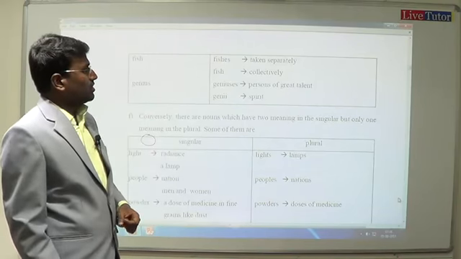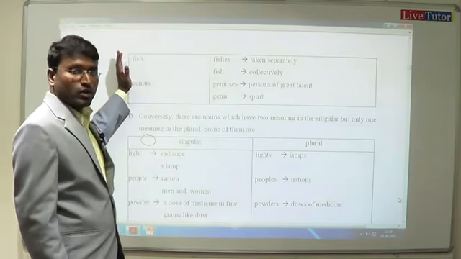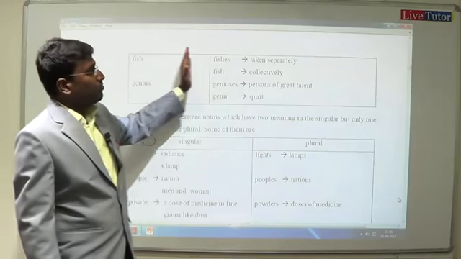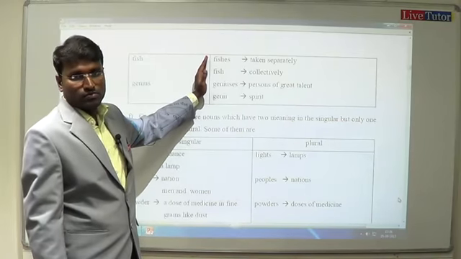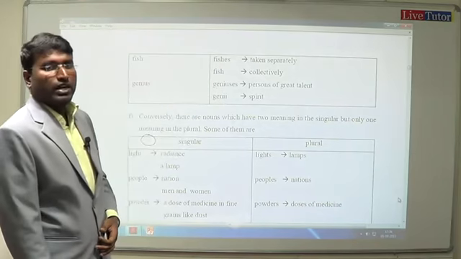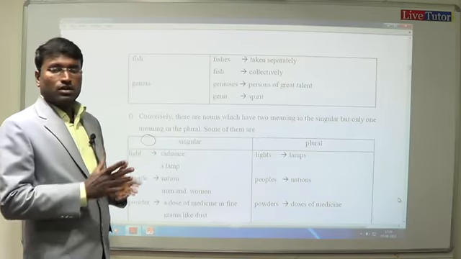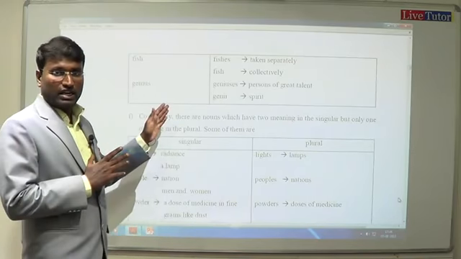So this is how you can change these so-called singular nouns into plural nouns. Okay, there are two different ways of making plural for all these words.